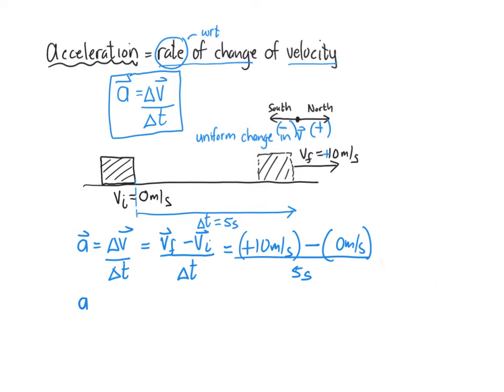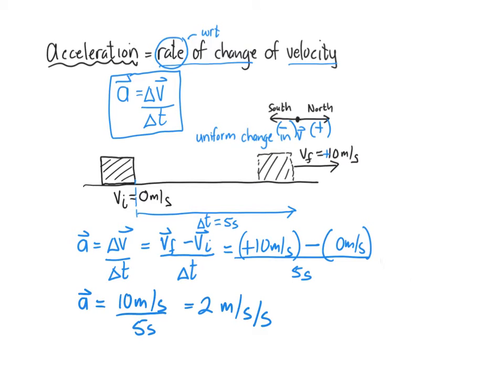So the acceleration is going to be 10 meters per second over 5 seconds. 10 divided by 5 is 2 meters per second per second.